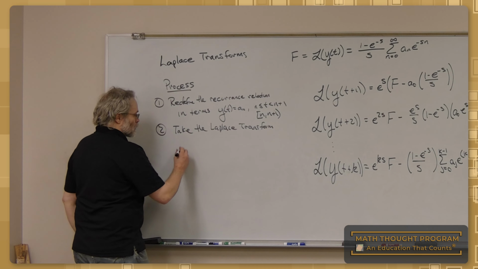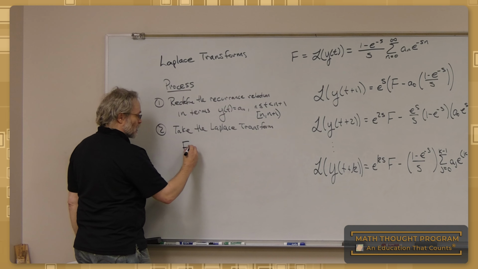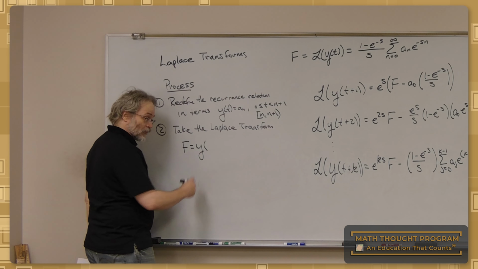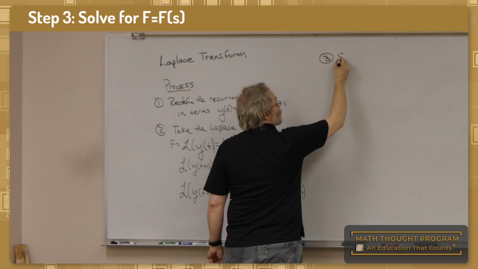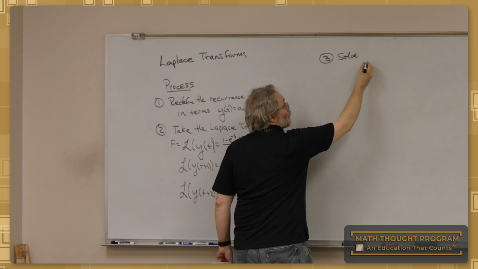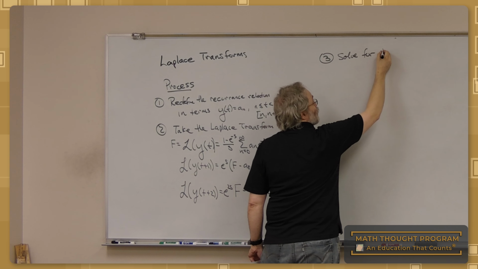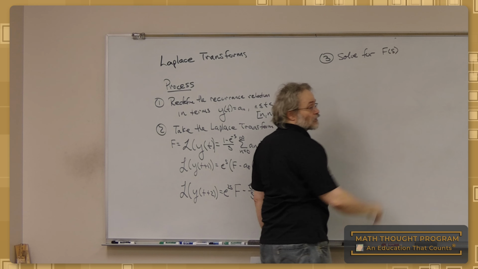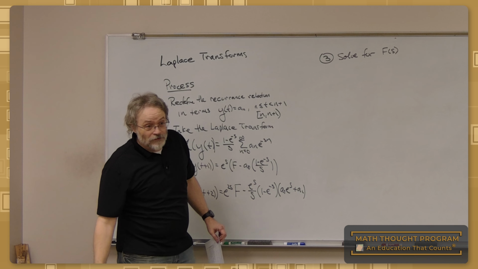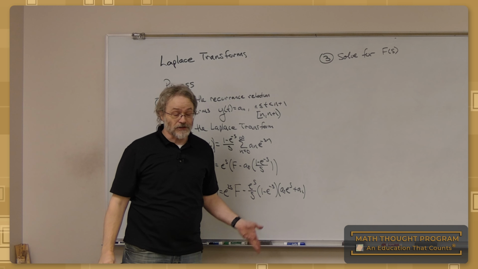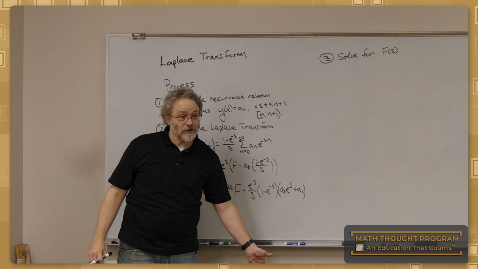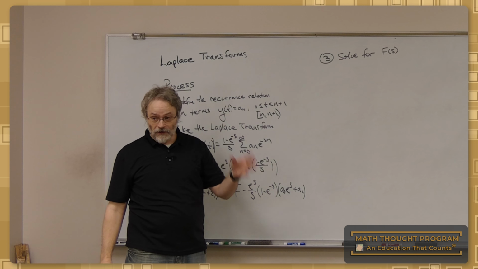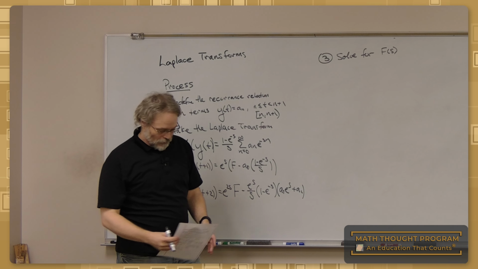But for our purposes, we're mostly going to focus on maybe a second order. And the next thing is you're going to solve for F of s, like we have been doing thus far with the Laplace transformations. Take the Laplace transformation of some kind of equation, you figure out the capital F, and then you solve for it.